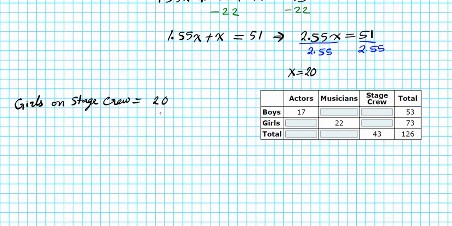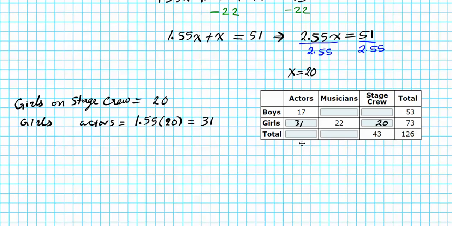But we can also figure out the number of girls that are actors, which is simply 1.55x, but guess what? X is 20, so 1.55 times 20, multiply that with your calculator, you get 31. Okay, so this is 31, and this is 20.